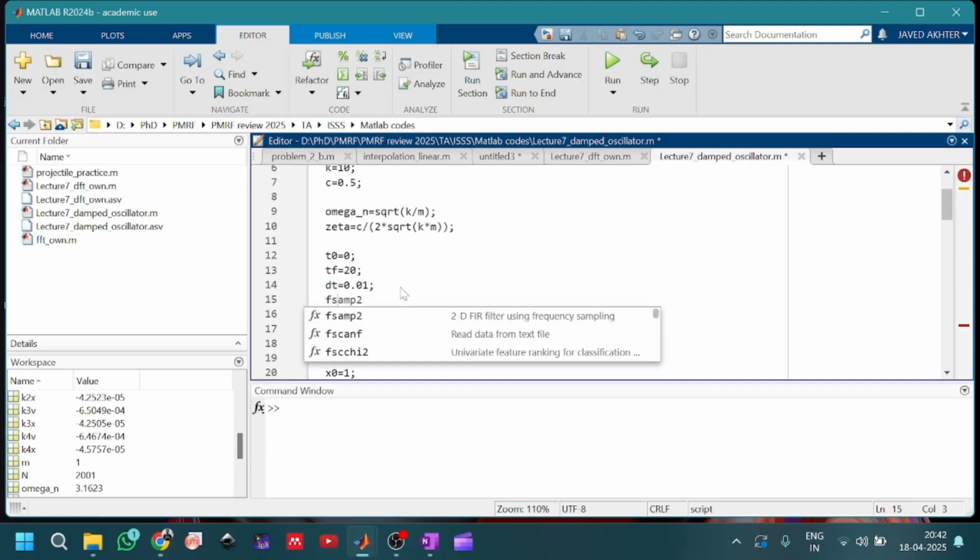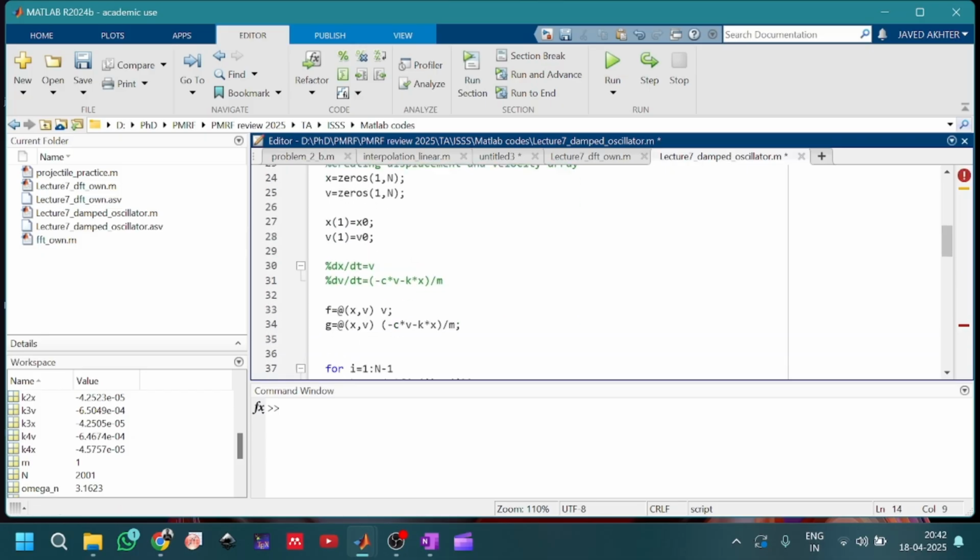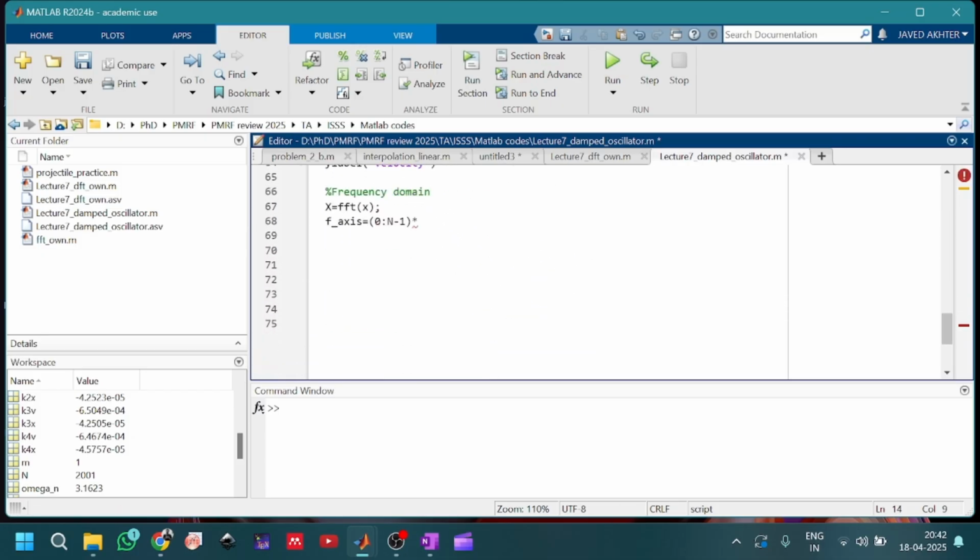So let me call sampling frequency fs, which is 1 by dt. So here we will have fs, and the whole thing will be divided by n. Because in this way you have gotten your frequency axis also.